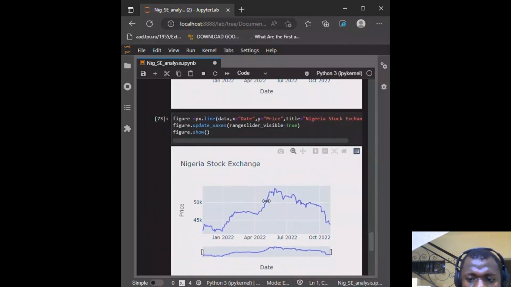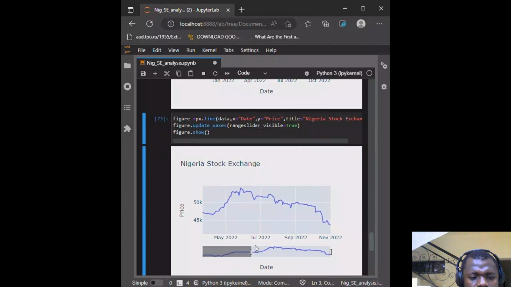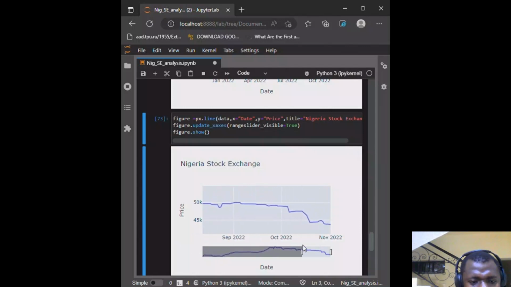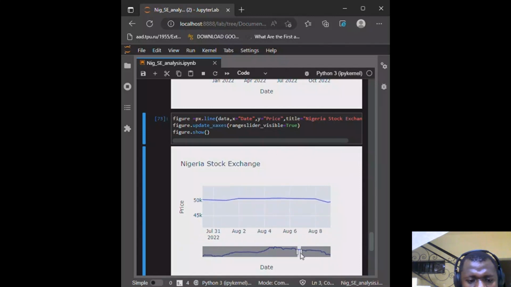So this is what it looks like. It's very compressed now, you cannot tell the days apart. But if you draw it like this, let's assume we want to focus only on August. We can look at the data for August alone. Between the start and end of August, it was quite steady.